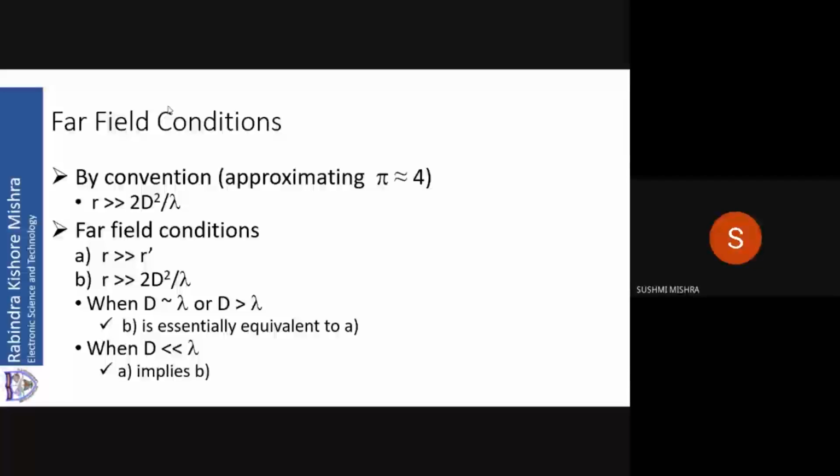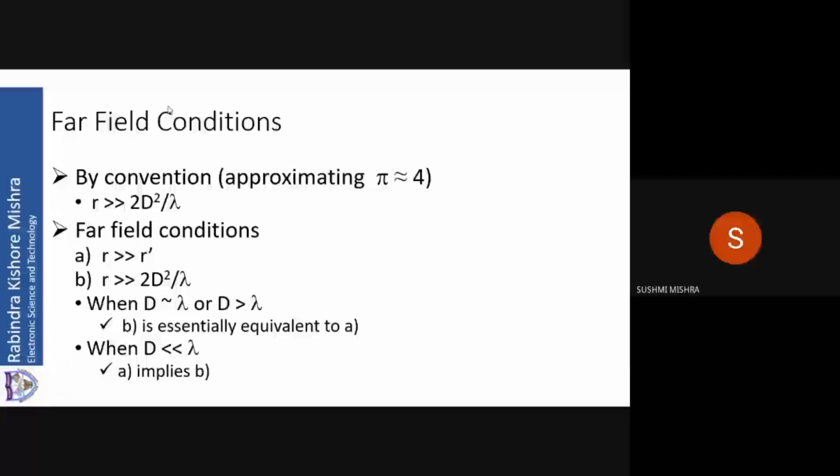Now let us take one simple example. Say D is equal to 0.1 lambda. Then 2 into 0.1 square lambda square upon lambda is 2 into 0.01 lambda, so this will be 0.02 lambda.